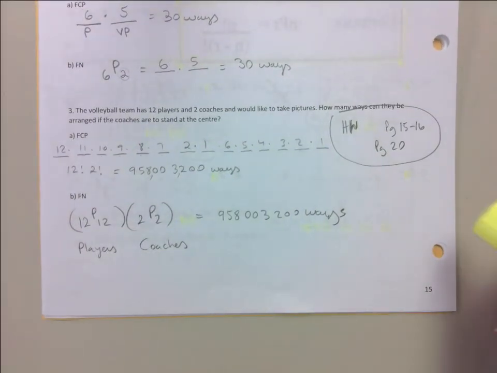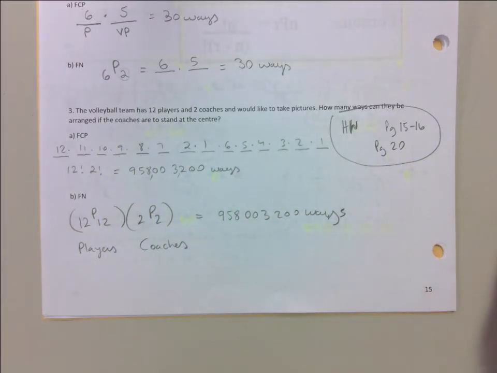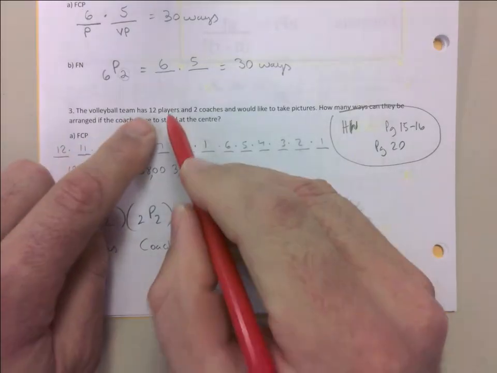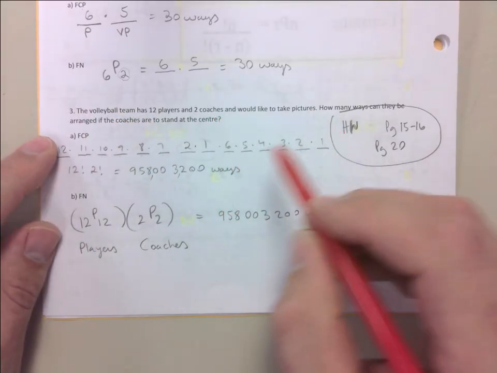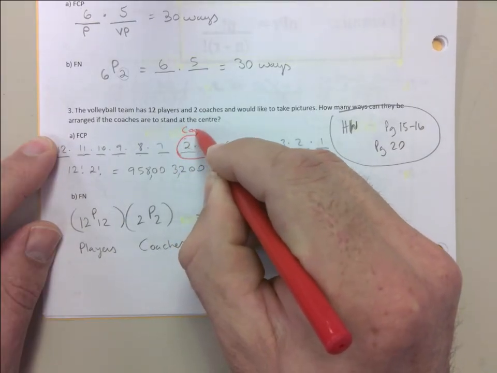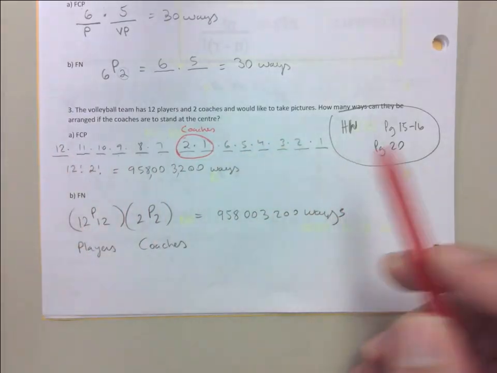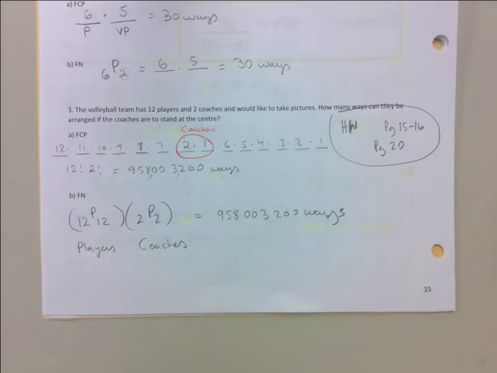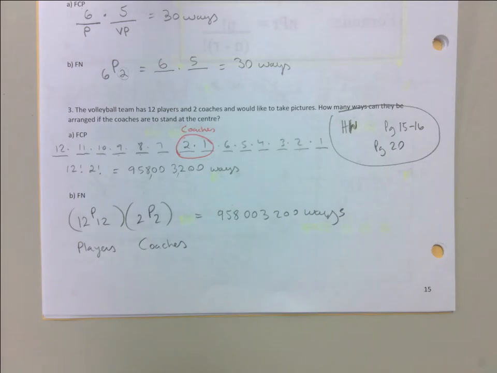That should be clear. This one here, there were 2 things happening. Make sure you understand this part. There are 12 players and 2 coaches to take pictures. The coaches need to be at the center here. If you fill in the blank, it's assuming we're taking pictures with all people present. We're not saying there's 12 players and 2 coaches but we only want to do 6 at a time.